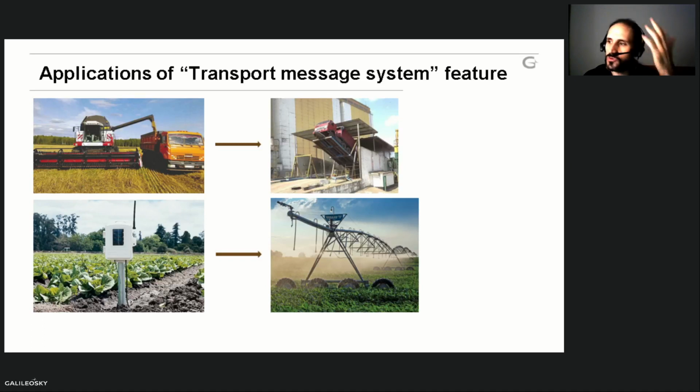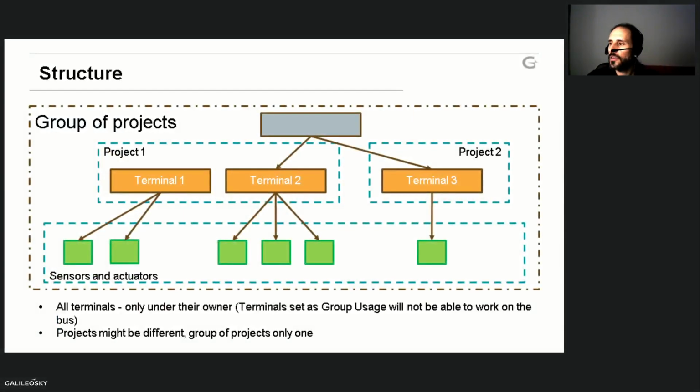Now I will talk a little about theory, about how the structure of this system works. The main idea is that you have a group of projects, in which all the devices that we will use for this function are contained.